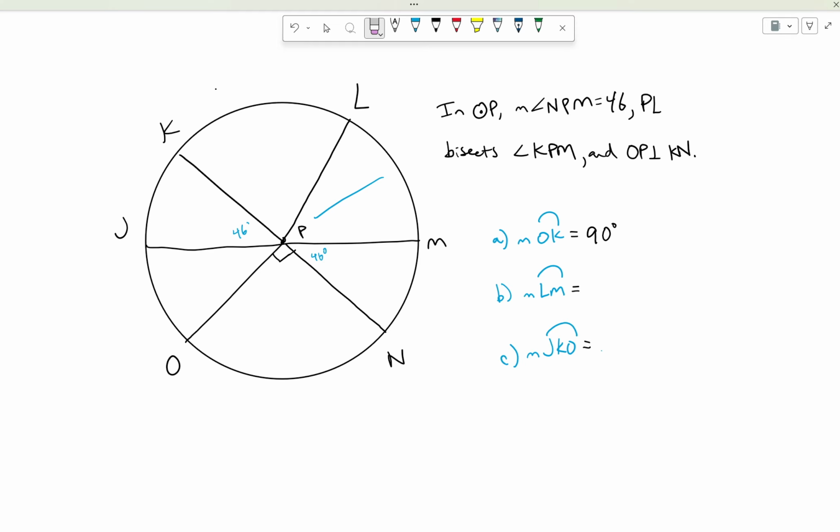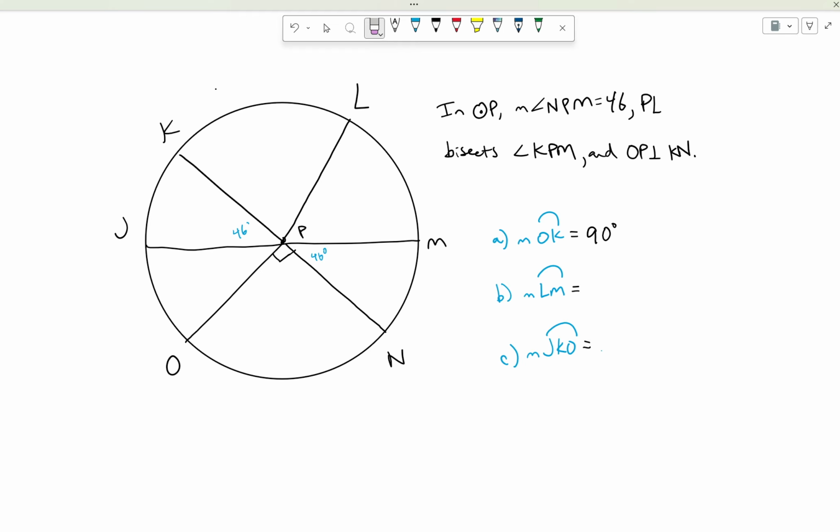So LM, how are we going to get this guy? Because this guy's 46. Okay. Well, could we figure out what this one is right here?